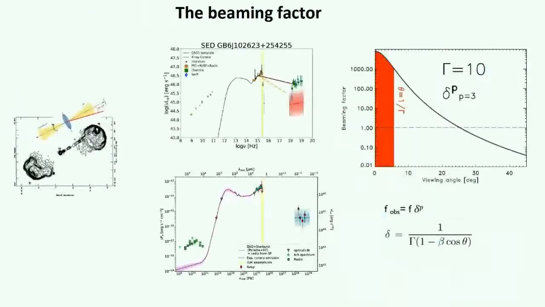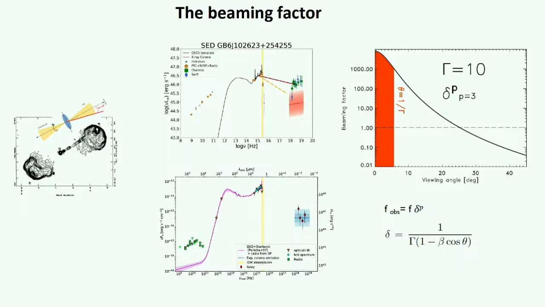So in the context of the unified model, the first object is a blazar in the sense that it is observed with the jet axis very close to our line of sight, while the second object is slightly misaligned.